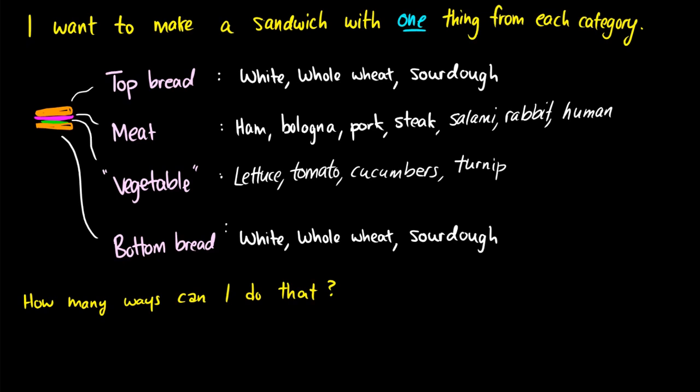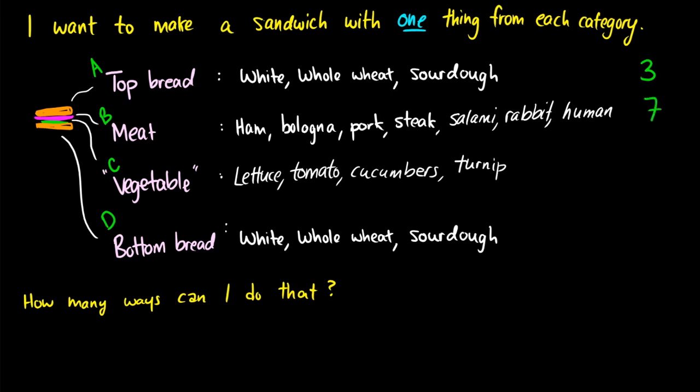Well, it's really like having 4 different tasks that are all done one after another. For instance, first we choose a top bread, then we choose a meat, then we choose a vegetable, then we choose a bottom bread. So it's A, B, C, and D. So 4 tasks. Well, for the top bread, we have 3 different choices. For the meat, we have 1, 2, 3, 4, 5, 6, 7 choices.